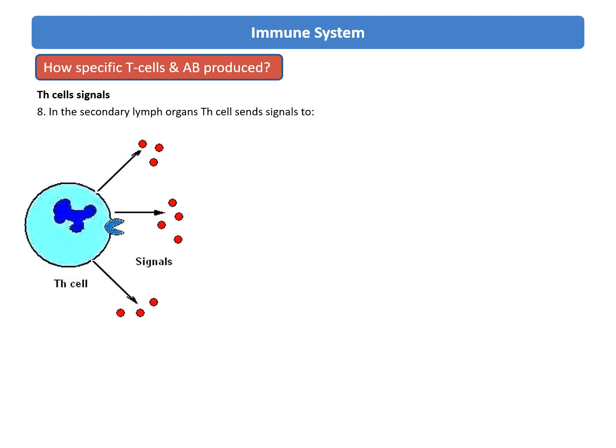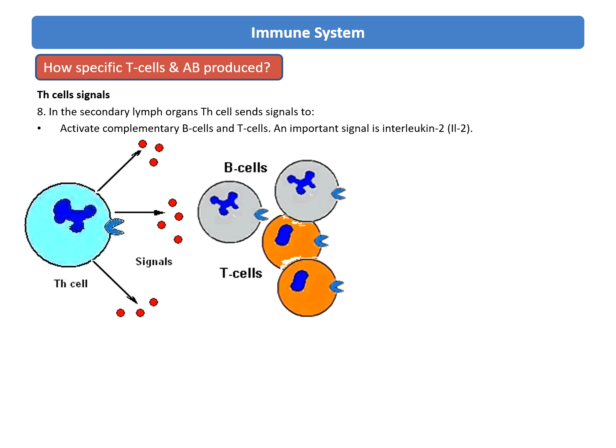Step 8. In the secondary lymph organs, the helper T cell sends signals. These signals will activate complementary B and T cells. Now again, you have hundreds of thousands of mixed B and T cells. The helper T cell is trying to find one of each that has a similar receptor. The signals that are sent vary.